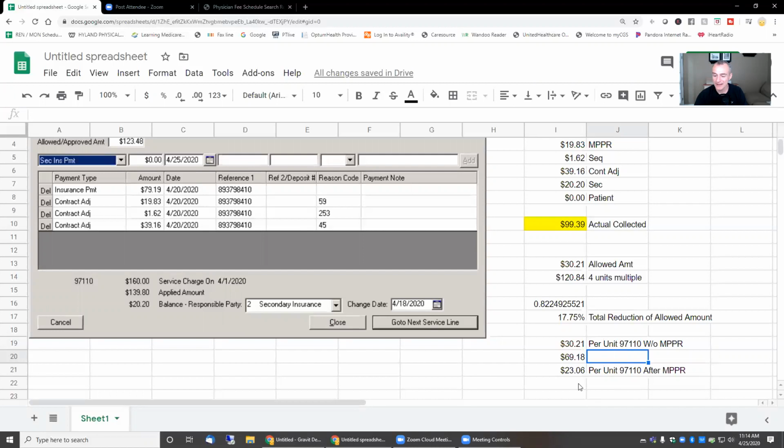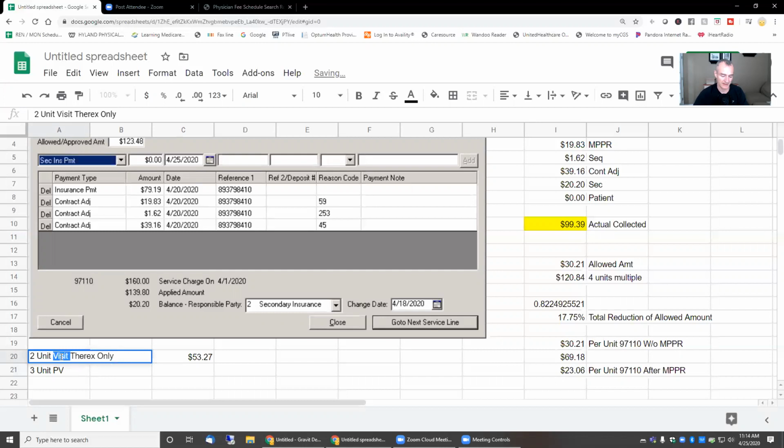So now, if I want to start creating some billing scenarios, I could say, let's take this and say 2 unit visit, Therex only. And what that's going to be is this plus this. I can say 3 unit visit. I usually use PV, whoops, as patient visit.